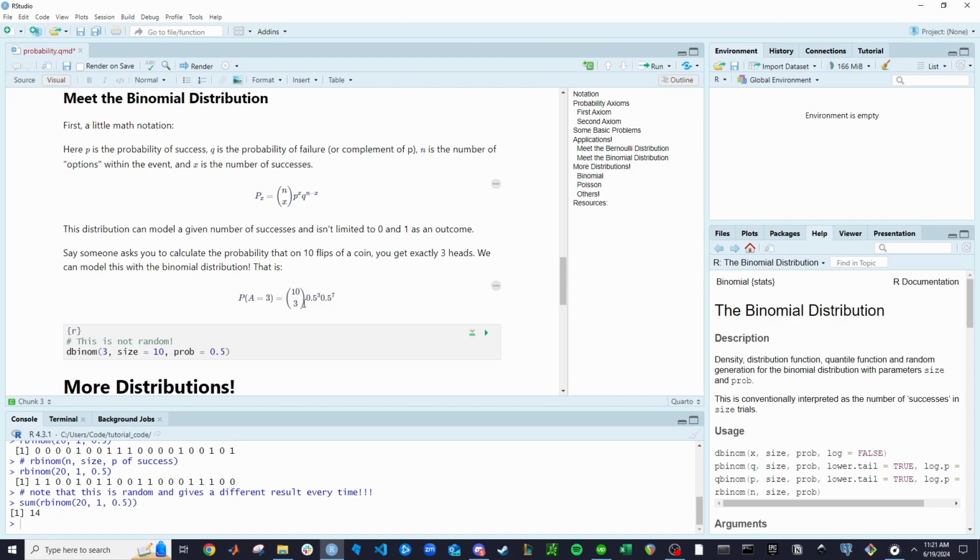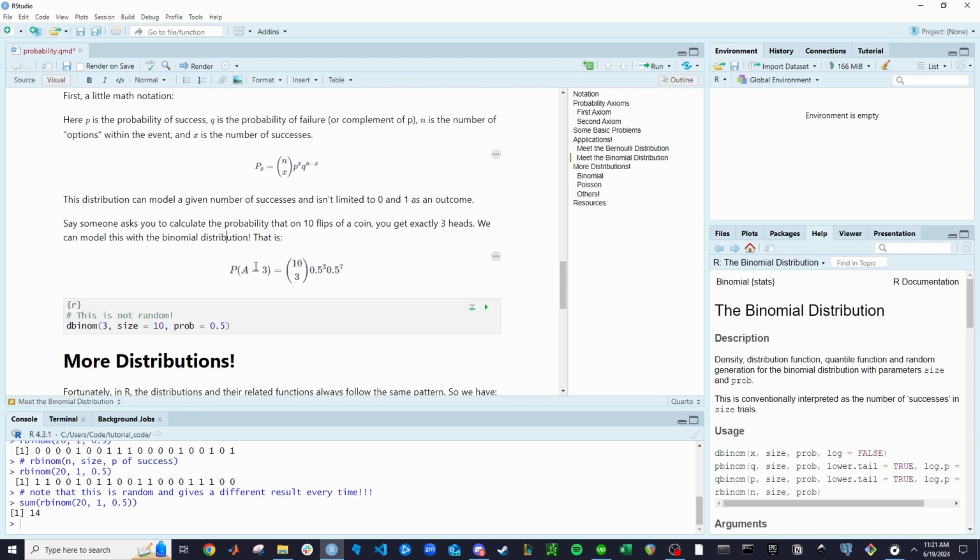So we do 10 and 3, and then we just plug those numbers in up here. So we raise to these powers, and say it's a fair coin, we plug 0.5 in here for the probability of heads and tails, and then this is how we denote this with mathematical notation.